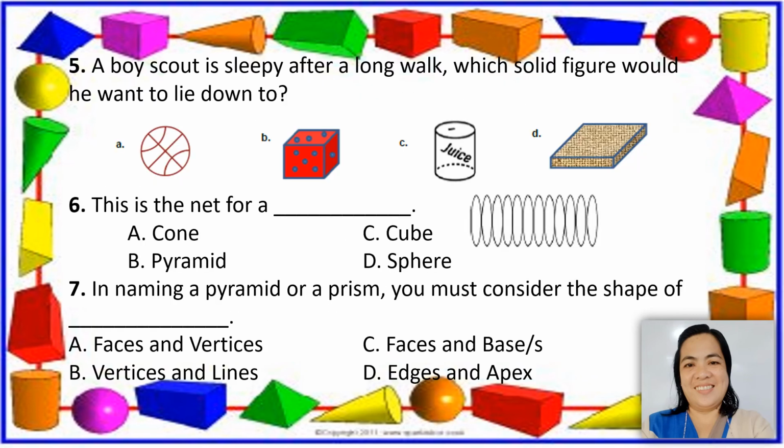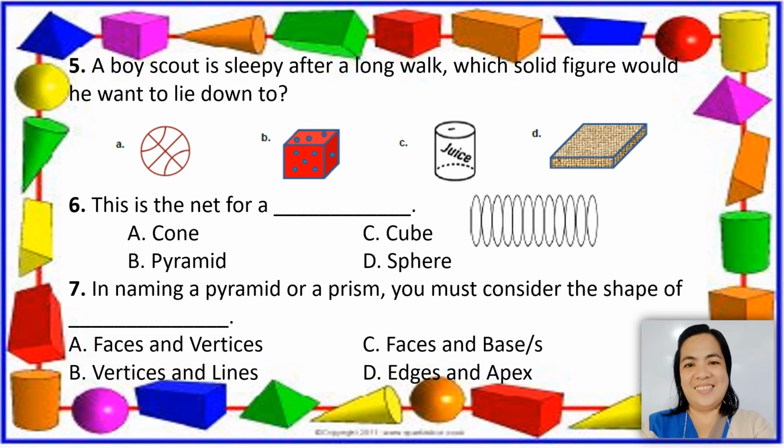Number 5, a Boy Scout is sleepy after a long walk. Which solid figure would he want to lie down to? Is it A, B, C, or D? Choose your answer, then encircle the letter. For number 6, this is the net for a blank. Try to look at the net at the right side. A, cone. B, pyramid. C, cube.